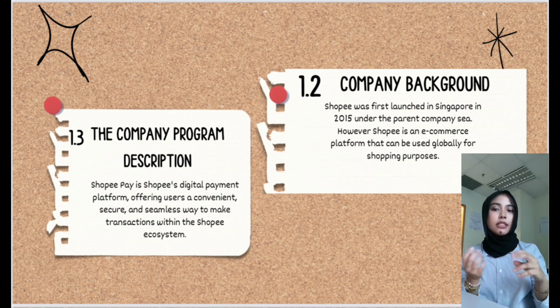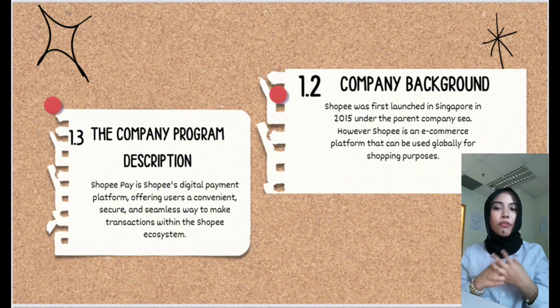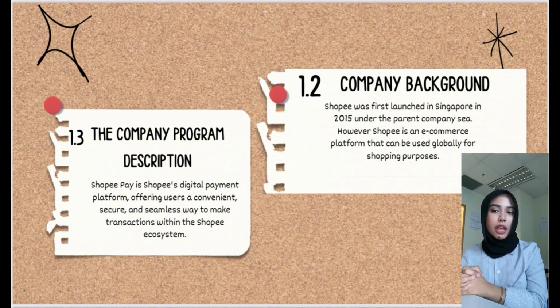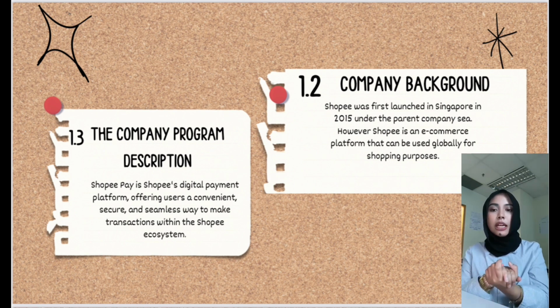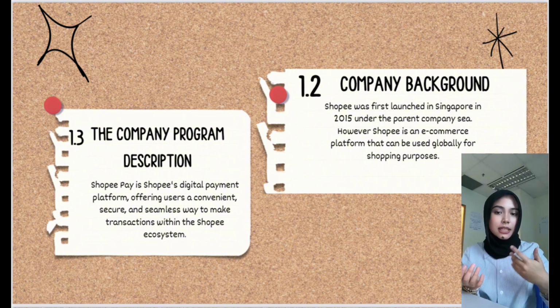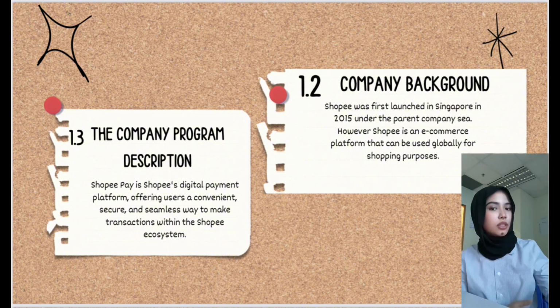It's tightly integrated with the Shopee e-commerce platform, and it's expanding its services to include offline payments at various merchants. Security is a priority, with measures like encryption and fraud detection in place. Additionally, ShopeePay forms partnerships with banks and other companies to enhance its services and reach more users.